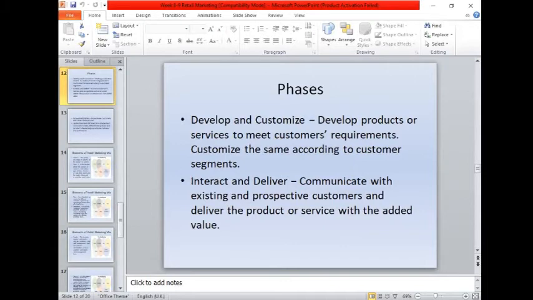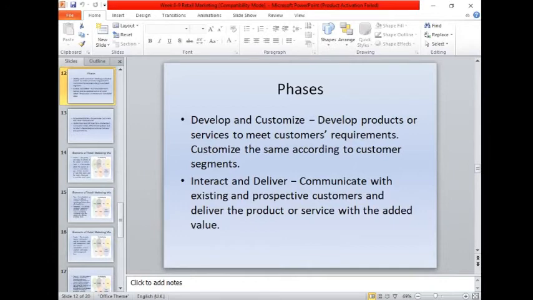If the customers are looking for a buy one take one, or a combination of two products with a discounted price, we can do that also. That's develop and customize, in order to meet customer requirements and to customize the products according to customer segments. A lot of retail stores do this.